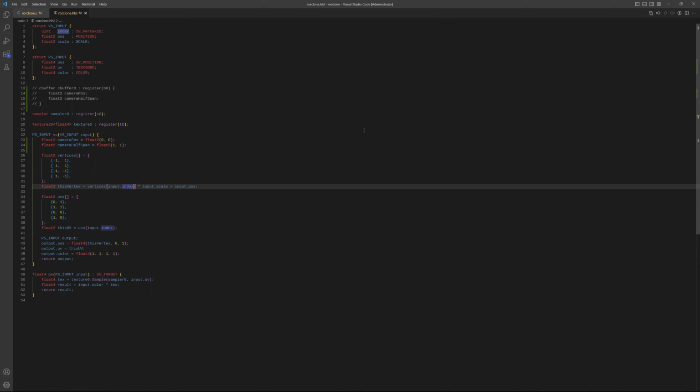Well then, first we need to move the vertices such that the camera, well, alright, so this vertex is just that.